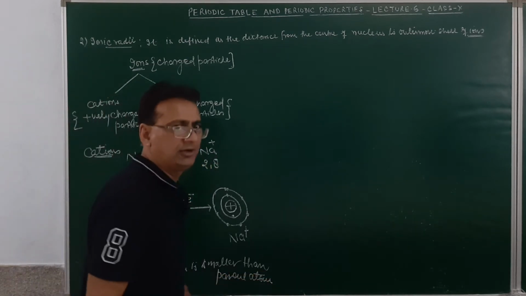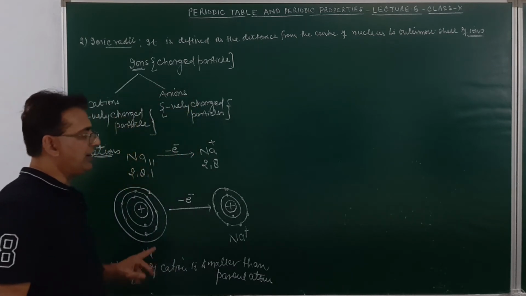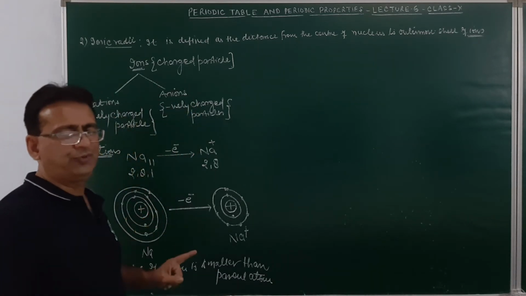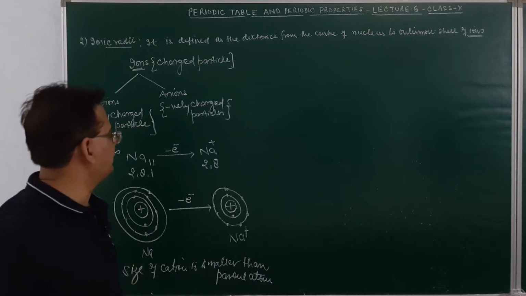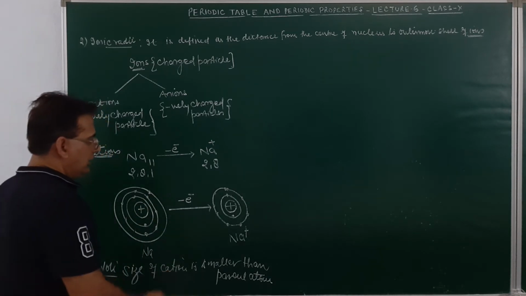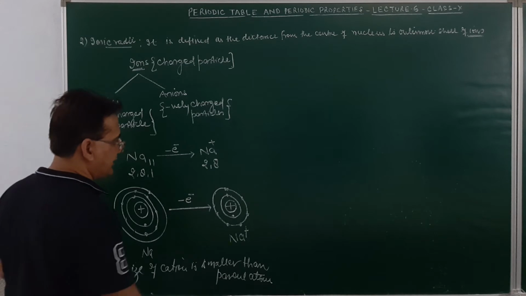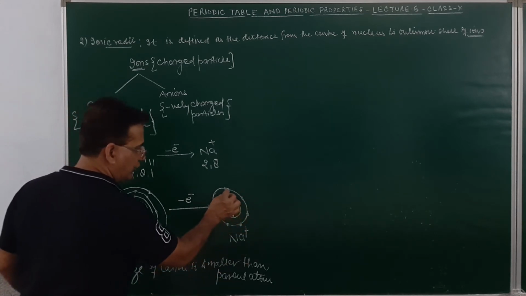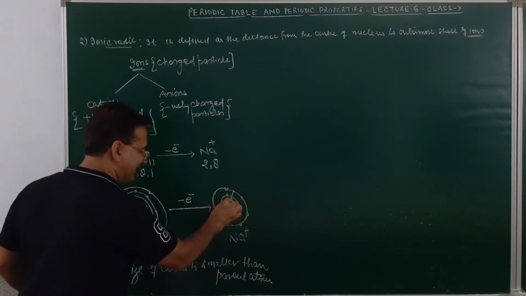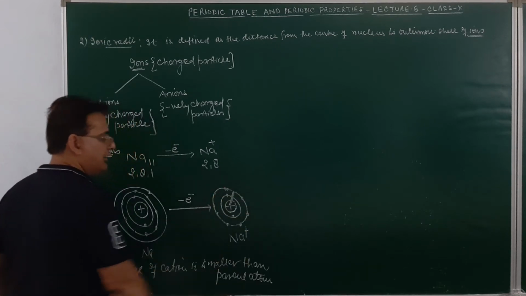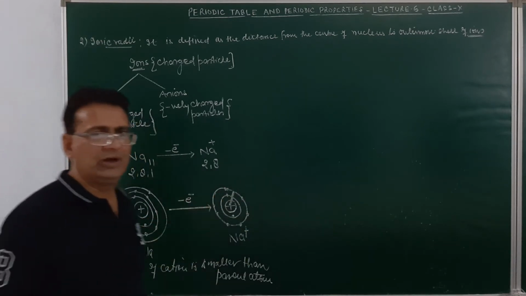Tell me whether I am getting it clear for you or not. How do I define the ionic radii? The distance from the center of the nucleus to the outermost shell of ion is called ionic radii. Now, in the case of a sodium ion, the outermost shell is this, and this distance will be called the ionic radii, or the radii in the case of a cation.